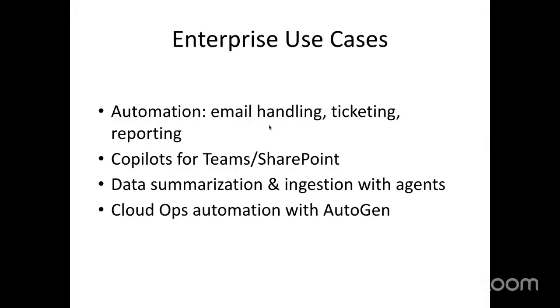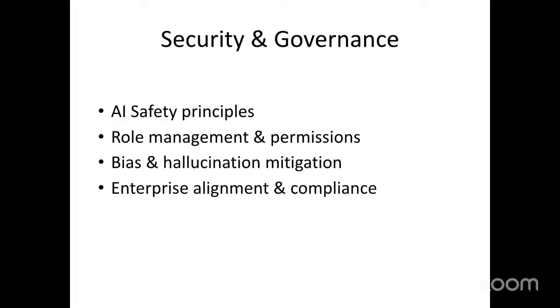Apart from this, we have Copilot for Teams. If you are using Teams or SharePoint, we have data summarization and ingestion with agents. We can do cloud optimization with AutoGen, and many other things.